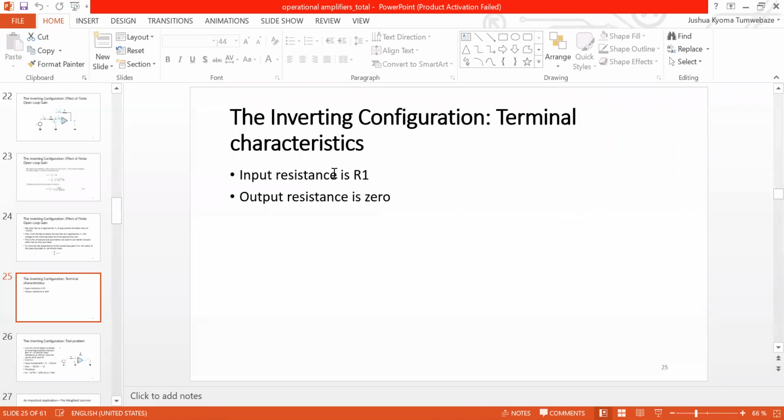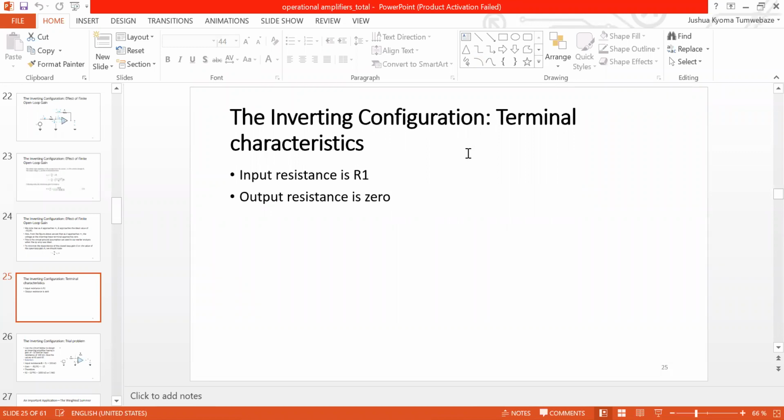The other terminal characteristic is that the output resistance is 0. We have not changed anything at the output, so that resistance will always be 0. So how do we derive this input resistance? I'll give it to you as a reading assignment.